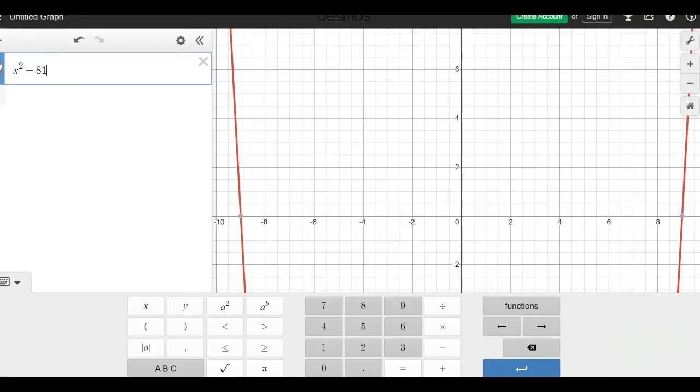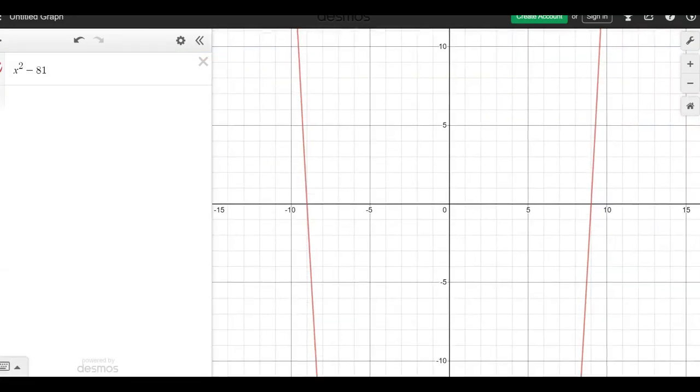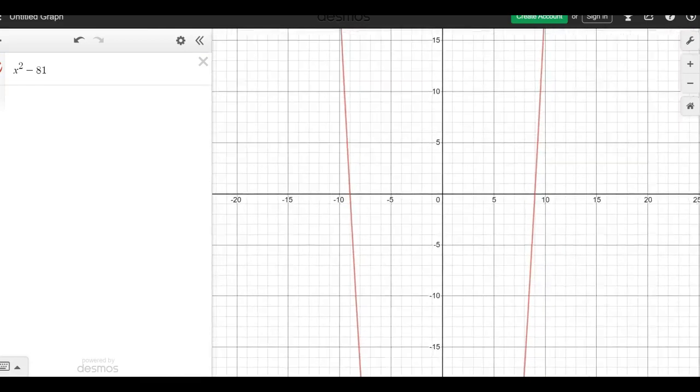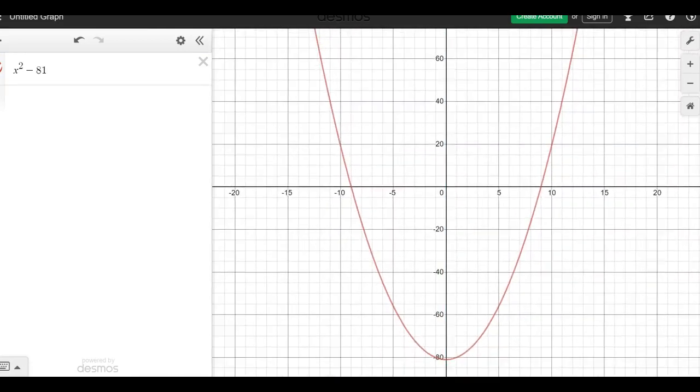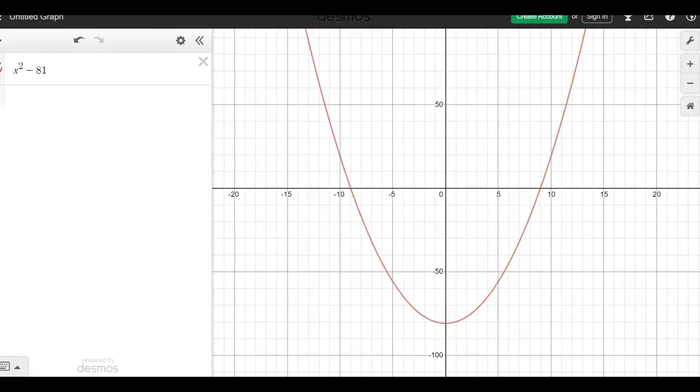You can see that I have entered my function into Desmos, and I'm going to zoom out and adjust my window for this parabola. You can tell that you have a vertex at -81, and you've got some x-intercepts right there at -9 and +9.